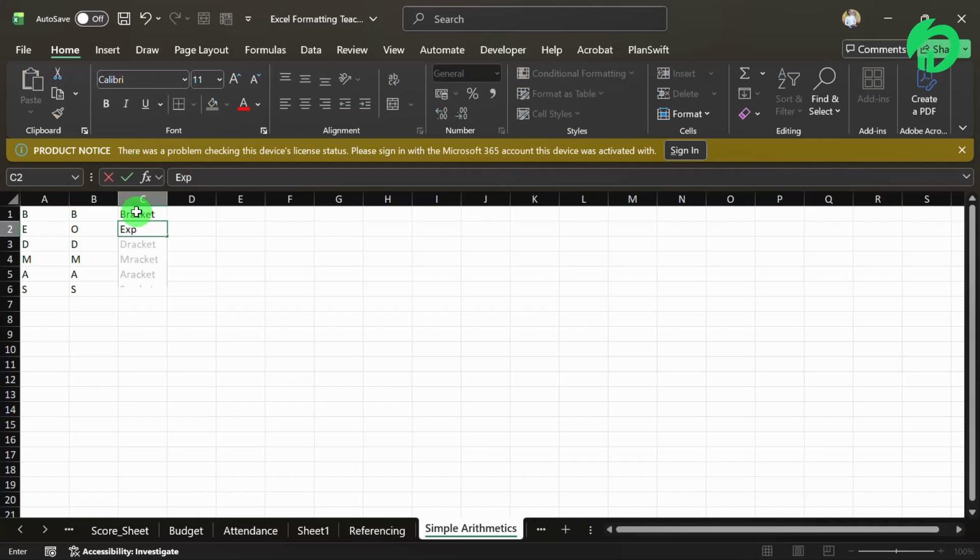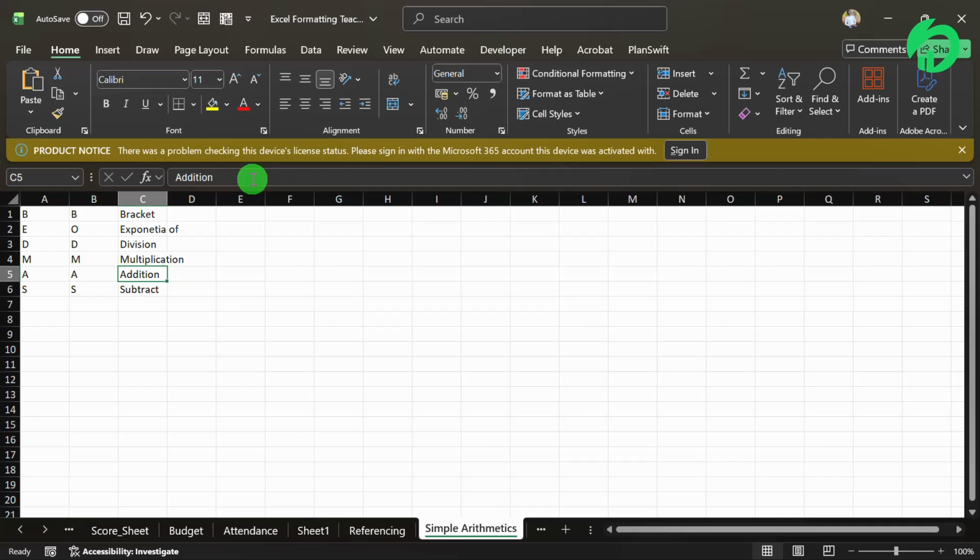The E means exponential, which is the O (order) in our BODMAS, and then D means division, M means multiplication, then our addition, then our subtraction.